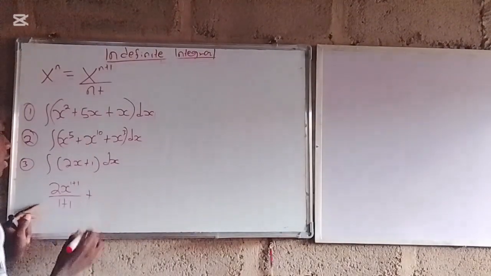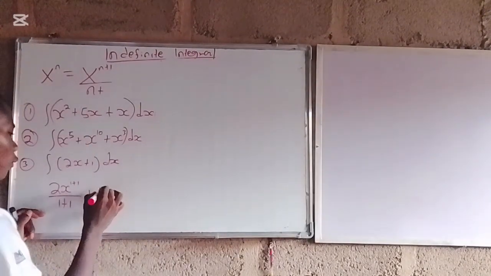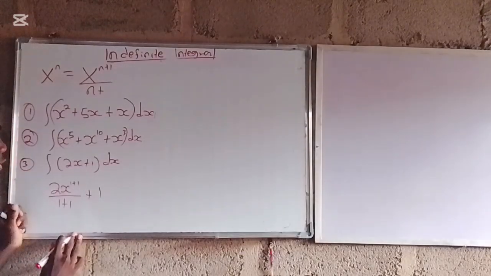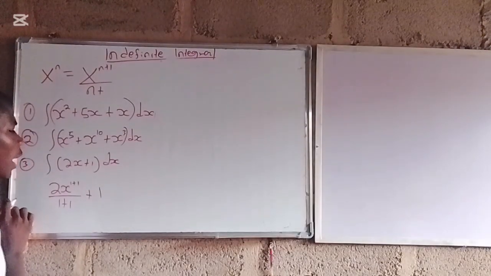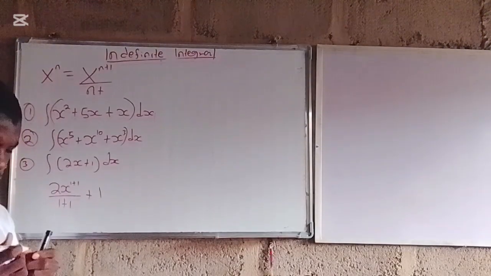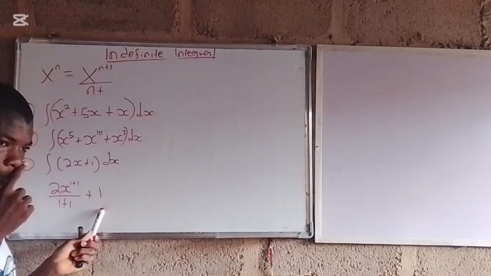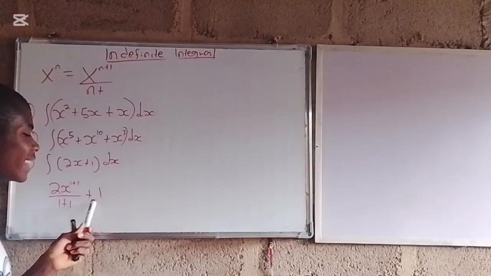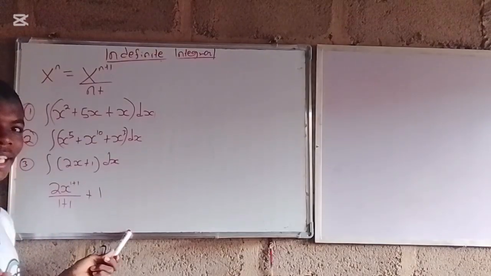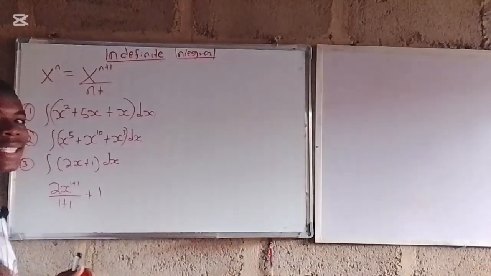Then plus, I have 1 here. In differentiation, the derivative of a constant is 0, but in integration, the integral of a constant 1 is x.